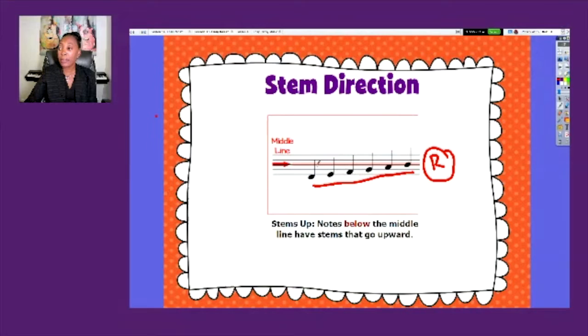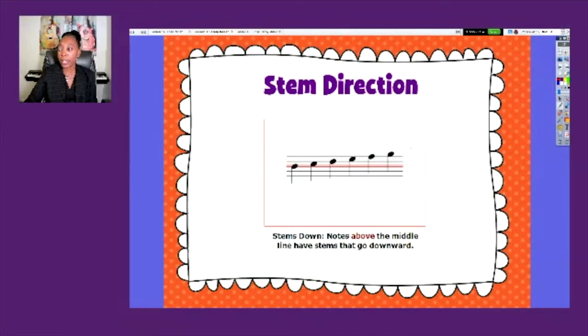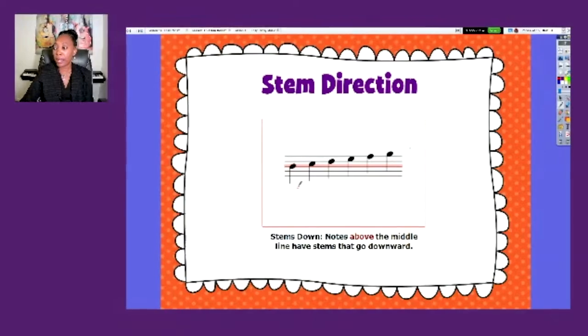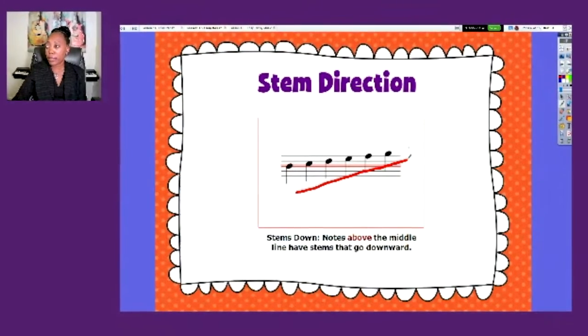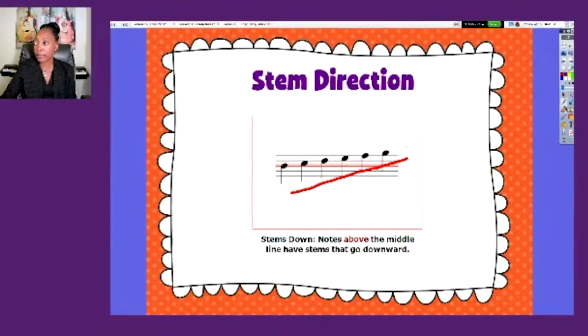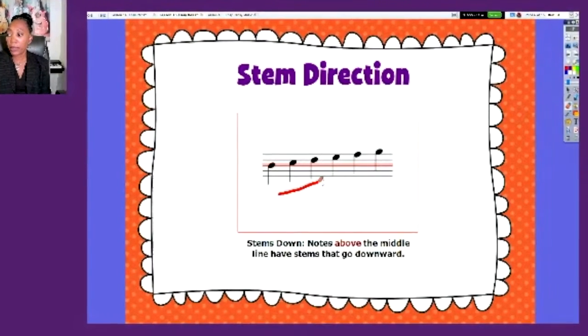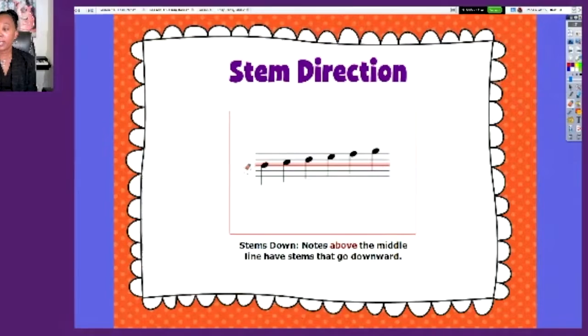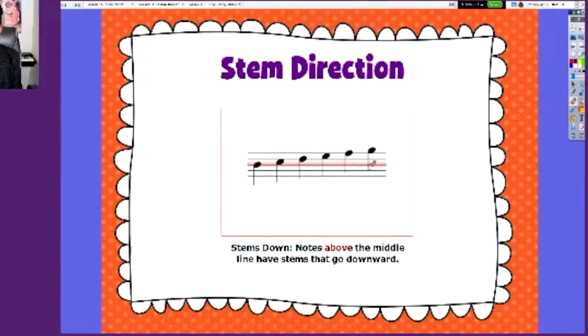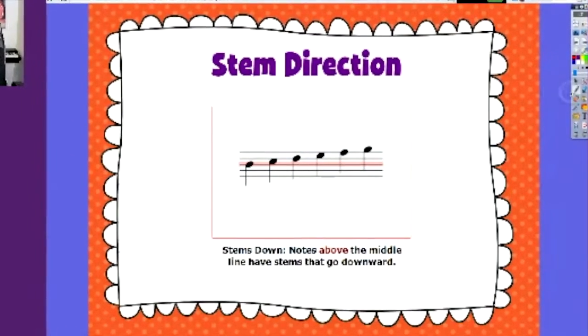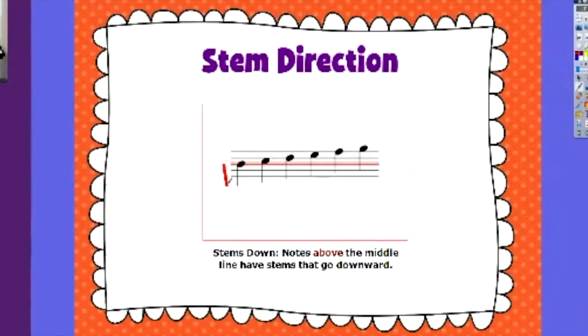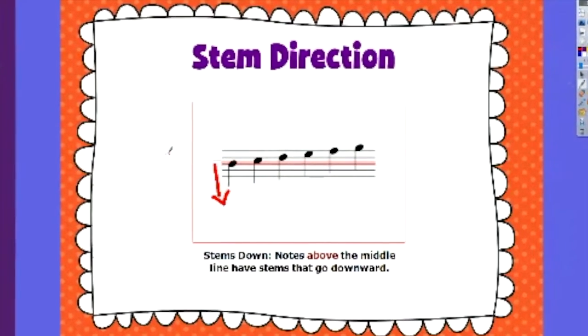And now let's learn a little bit more. Sometimes we have notes that fall above the third line. So let's talk about that. Now, if you have notes, in this case quarter notes, that are going above the third line, right? If we have notes like a quarter note or a half note that is above the third line, then the stems will go down to the what?